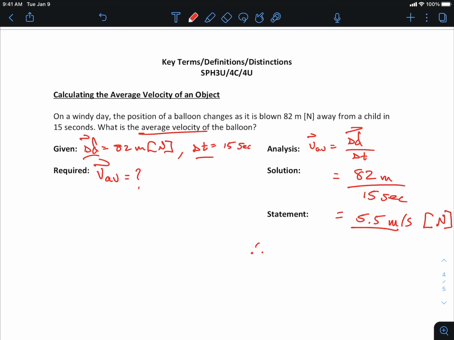Right? So therefore, okay, I'm going to stop it there.